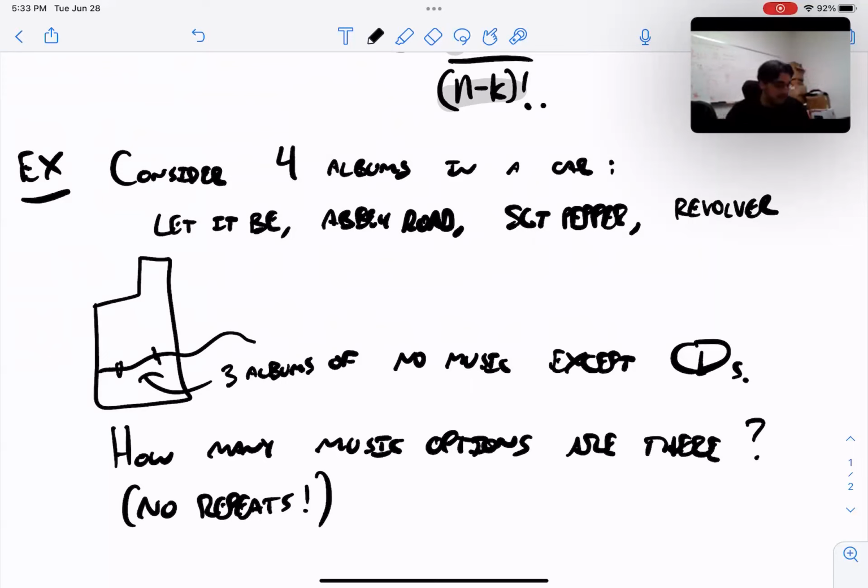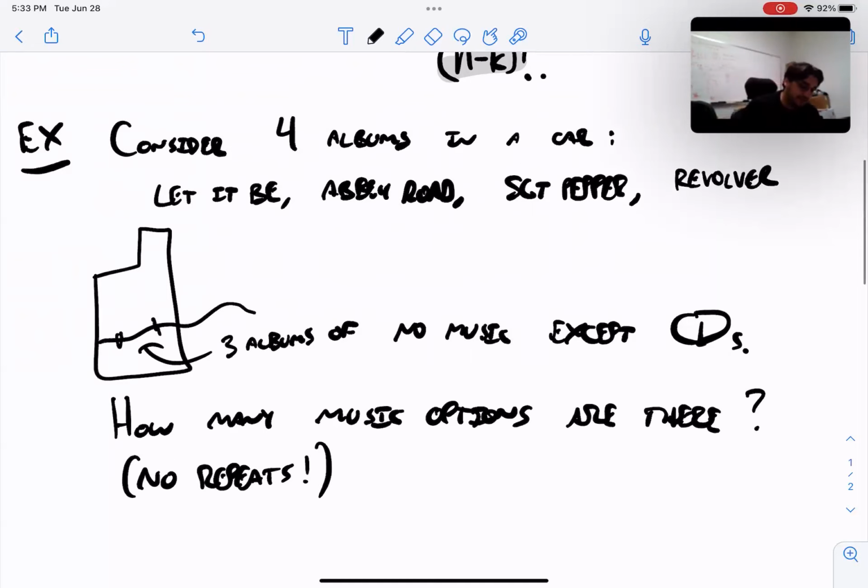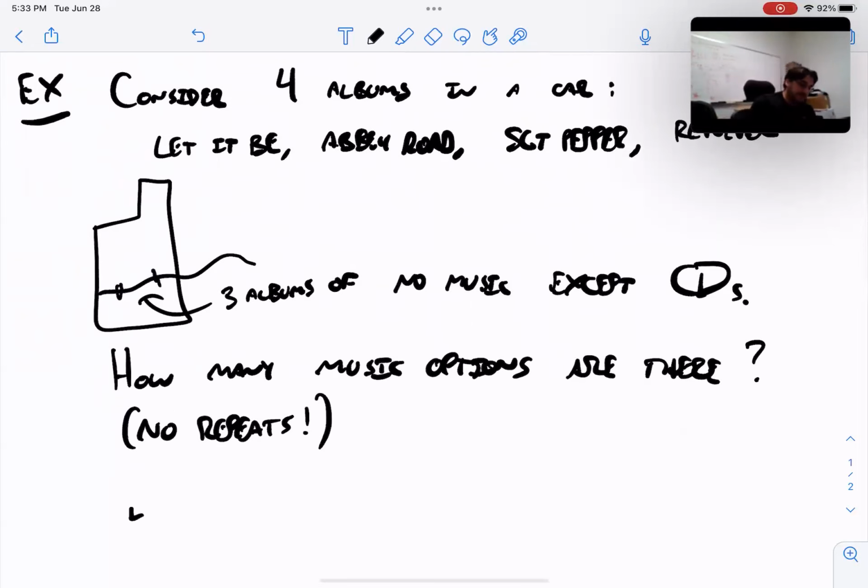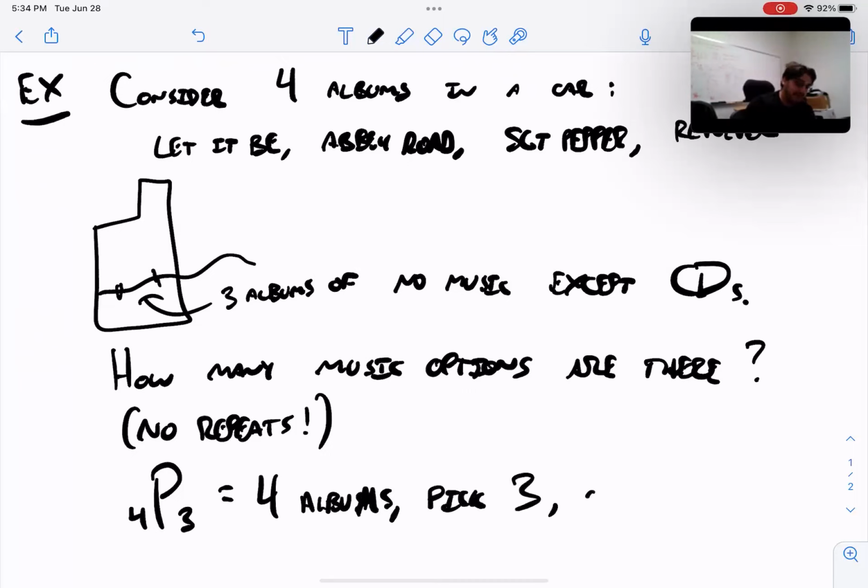So in a case like this, what would this be? This would be exactly 4P3, because I have 4 albums I'm choosing from. From our 4 albums, we're going to pick 3, and the order matters, because it's certainly a different music experience.